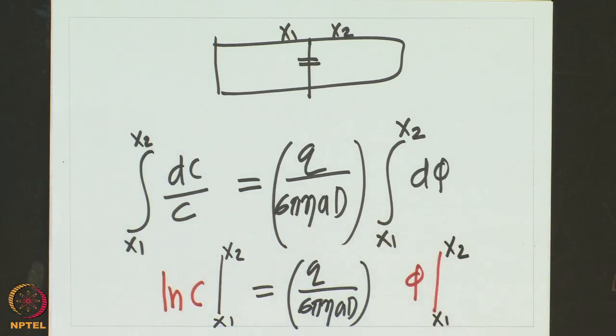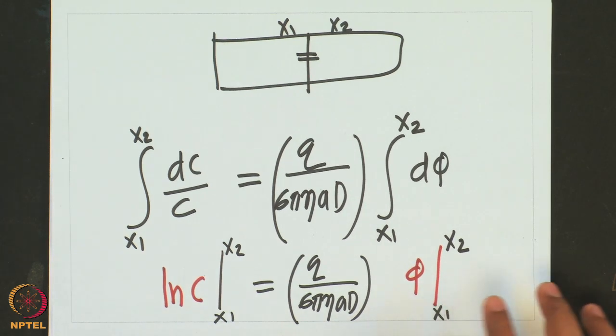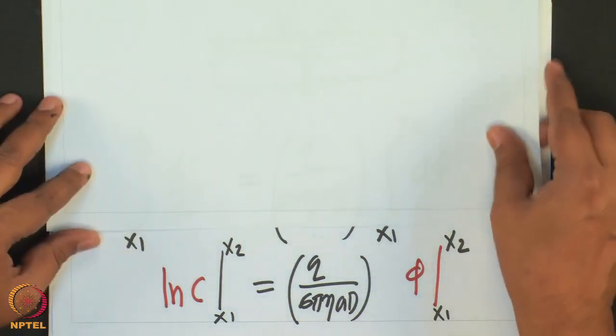So, if I apply this limit, log c at x2 minus log c at x1, what do I get?